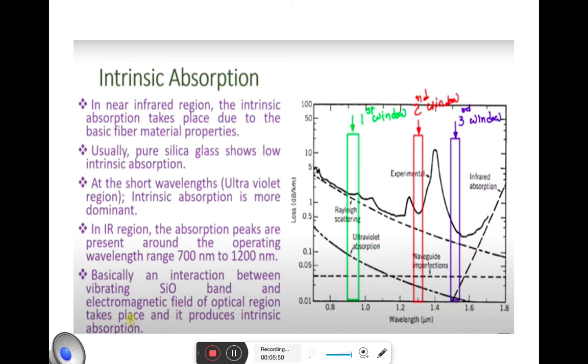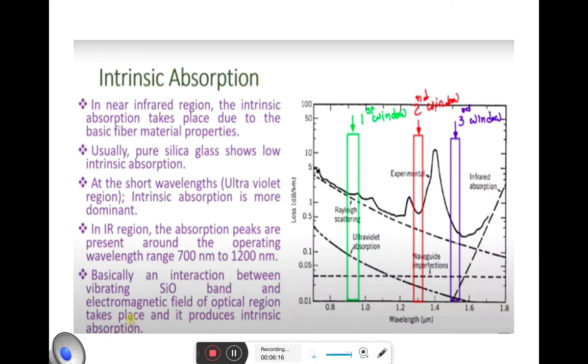As already discussed, we have the first window, second window, and third window. The first window is at a wavelength of 900 nanometer, the second window is at 1330 nanometer, and the third window is at 1500 nanometer. You can see ultraviolet absorption and infrared absorption.